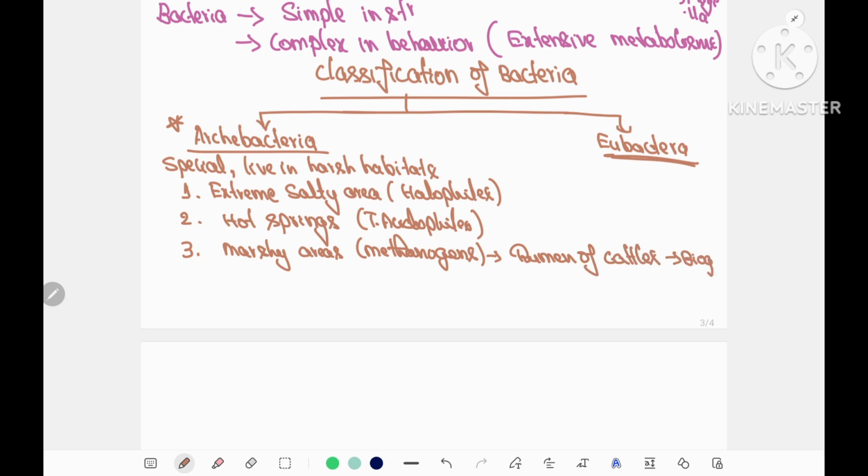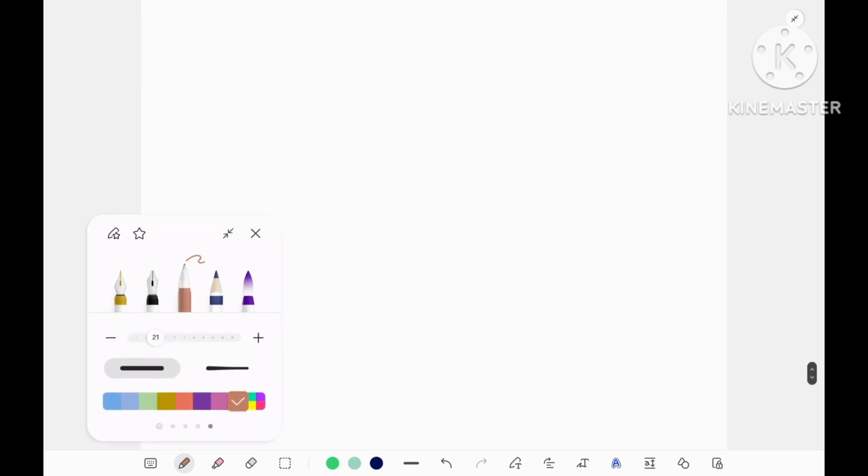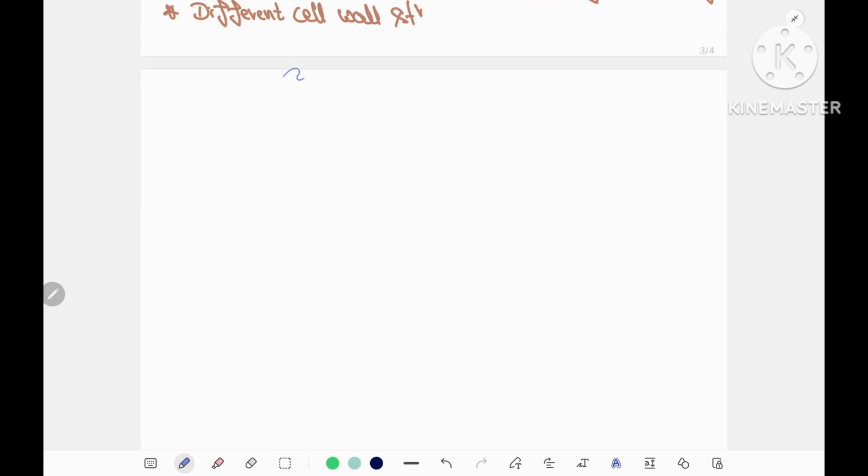Methanogens could also be found in the rumen of cattle, and they are helpful in production of biogas. In the second year chapter Microbes in Human Welfare, you have studied that methanobacterium are helpful in digestion of cellulose. So archaebacteria can survive in harsh environmental conditions because of their different cell wall structure.